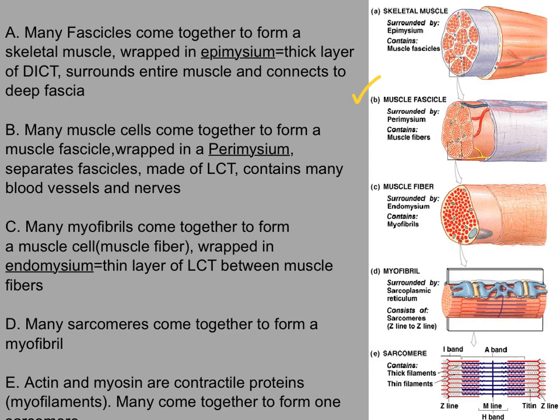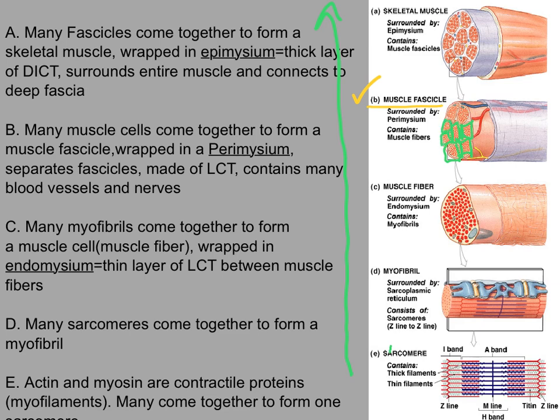So we're already here at letter B. If you want to look at this picture, the way that you go from the smallest level of organization to the largest level of organization is bottom to top, letter E to A. So we've already gone through E, D, and C. So here we go. We've got individual muscle cells or muscle fibers coming together to make a larger structure called a fascicle.